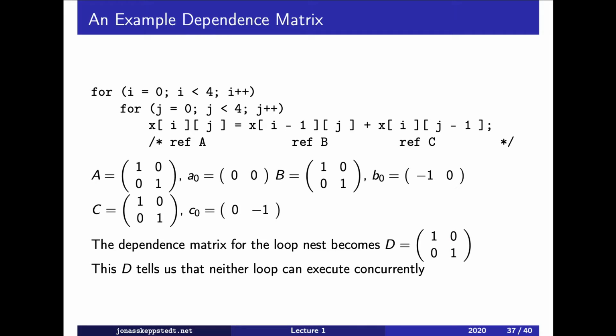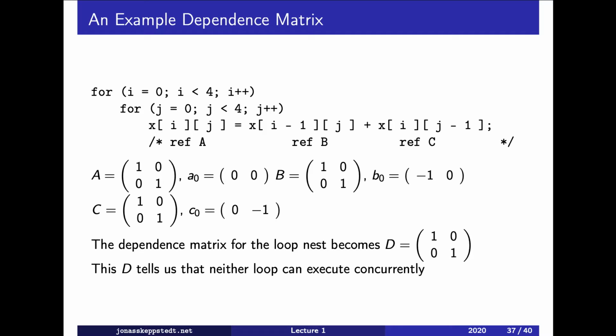It's just that we have selected to store it in a matrix. And also, if there were additional references with identical dependence distances, we would only keep one of them. The dependence matrix collects and shows us all the dependencies for a particular loop.